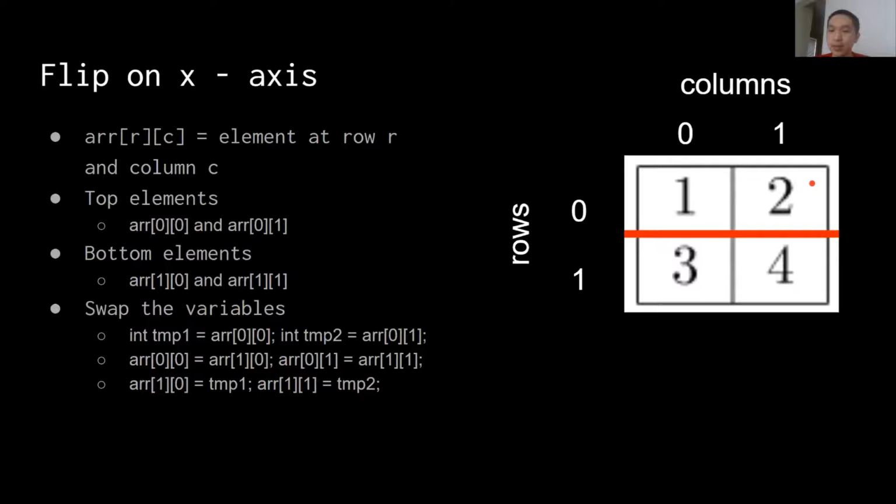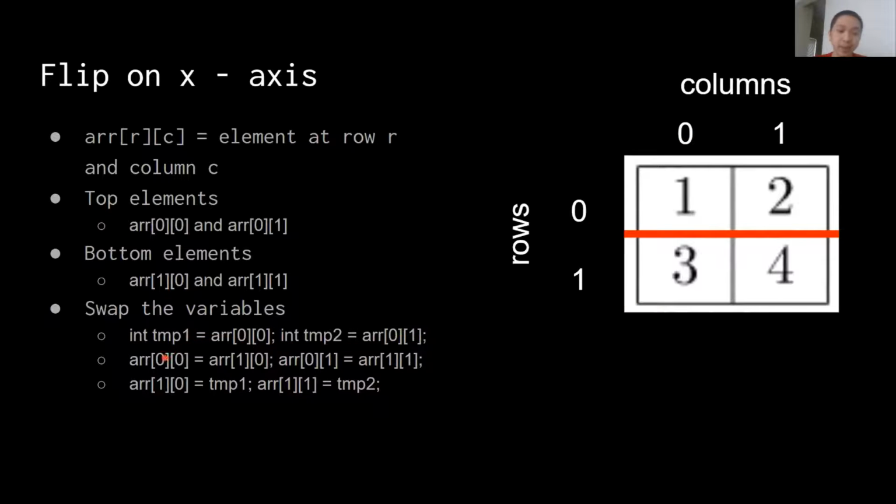So these are the top elements, these are the bottom elements, and I want to flip them. I want this one to go here, I want that one to go there, and vice versa. So how can I do that? Well, I'm going to save the top variables as temporary variables. So I'm going to hold them using different variables. And then I make the bottom equal to the top, and then the temporary variables at the top go in the bottom.